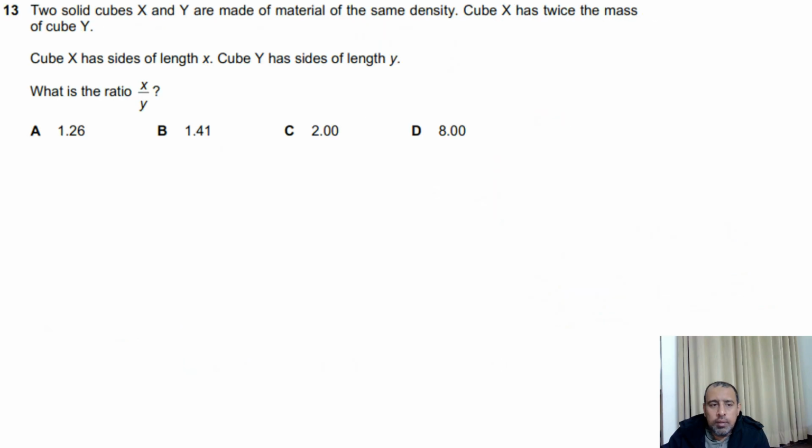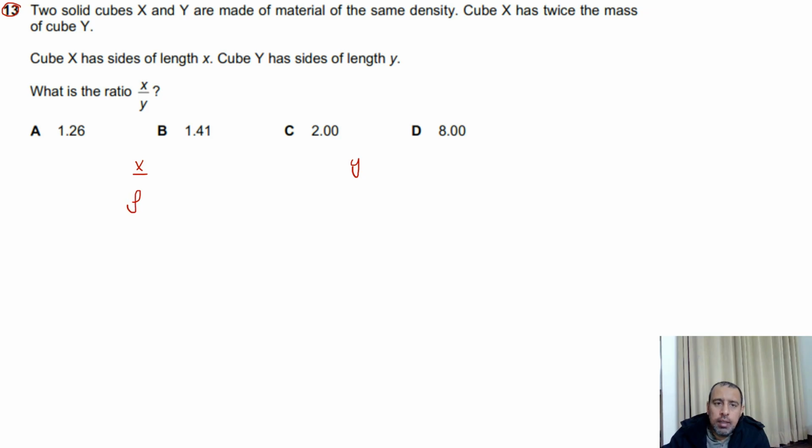Moving forward, there is question number 13. So we have two solid cubes X and Y. X and Y are of the material of the same density.